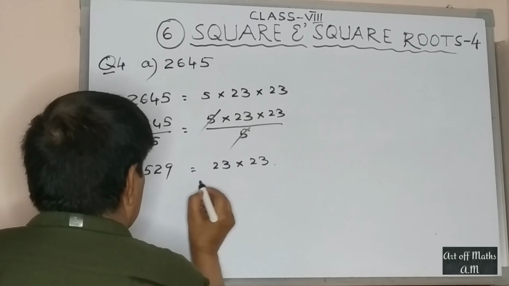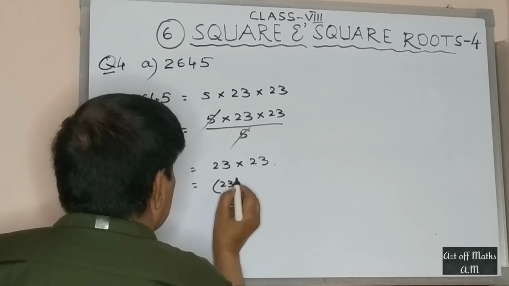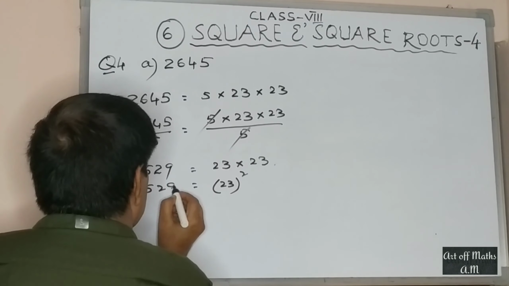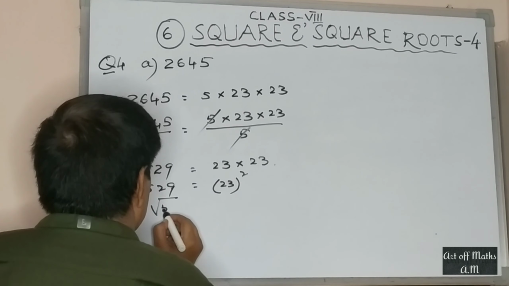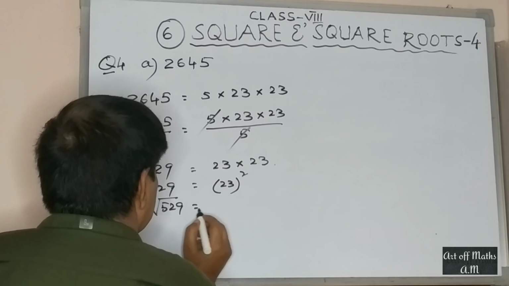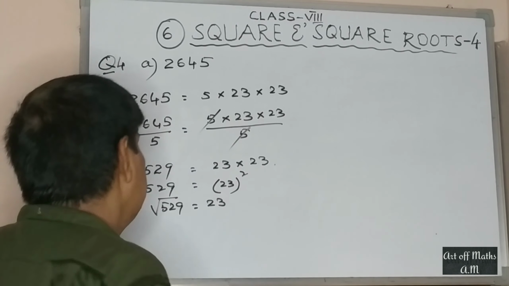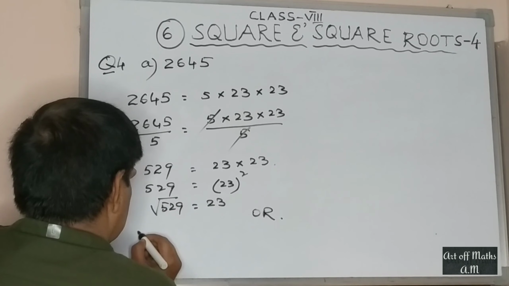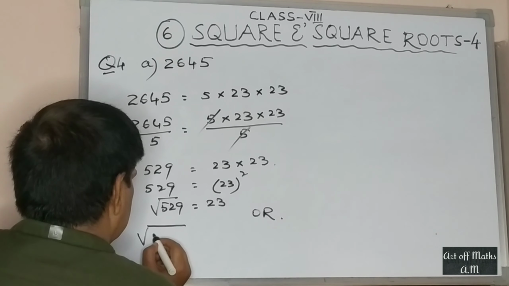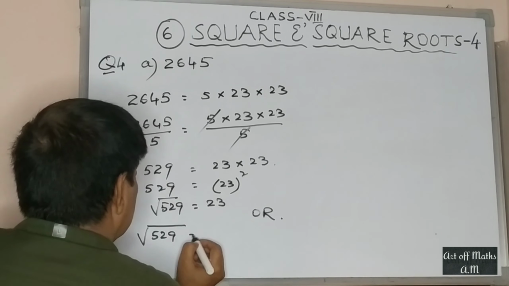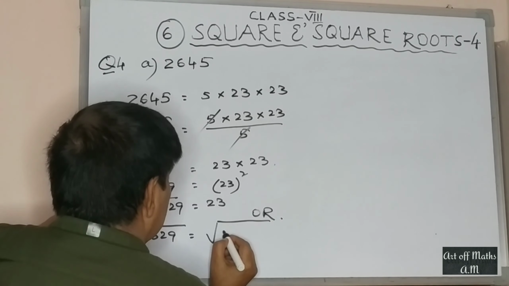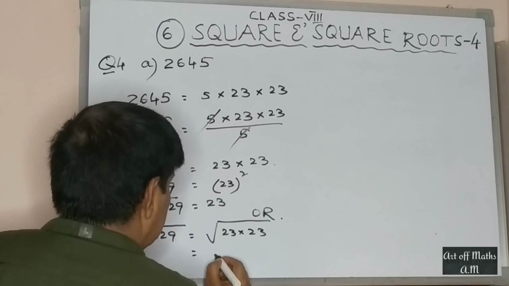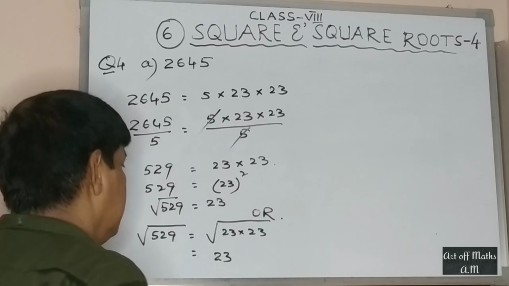So we can write 23 whole square, or 529 equal to 23 into 23. So we will take 23.